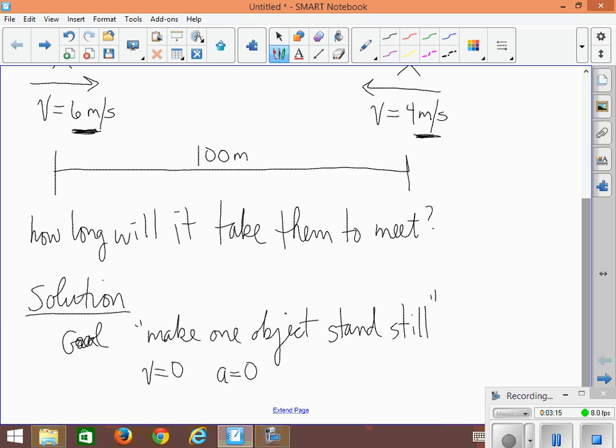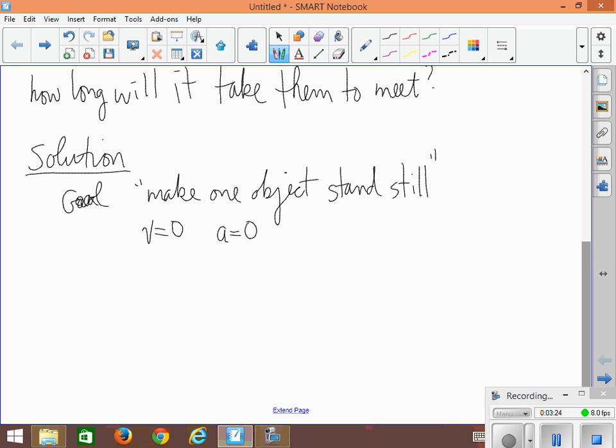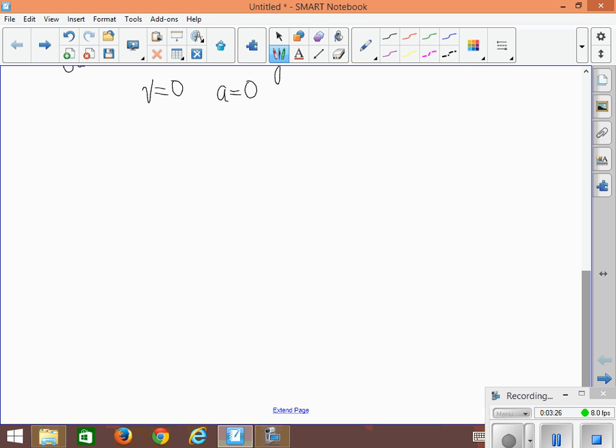So we're going to move the reference frame. Think about being on a conveyor belt, like at the airport where you can walk along the fast-moving sidewalk. Let's just draw a picture here of a conveyor belt.